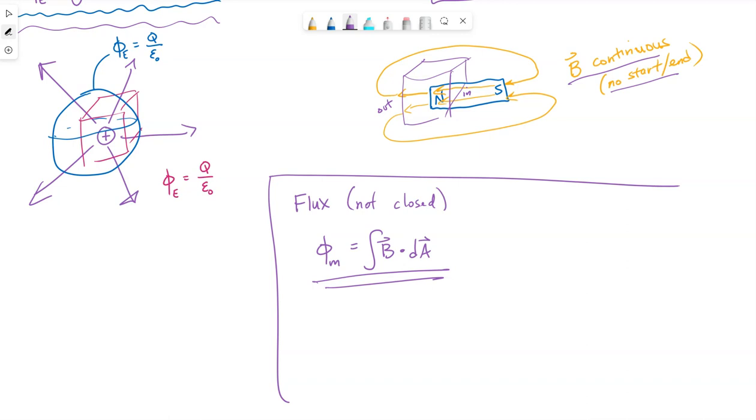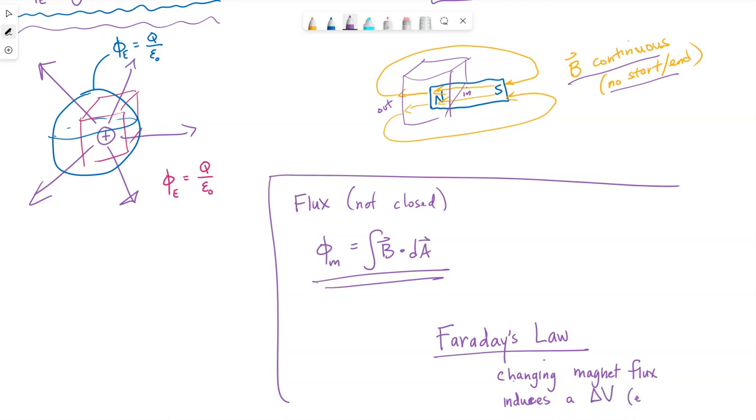But flux in and of itself doesn't give us this induction. We find that if we can change the flux, we can induce a voltage. So we're going to talk about Faraday's law. Changing magnetic flux induces a potential difference, an EMF.